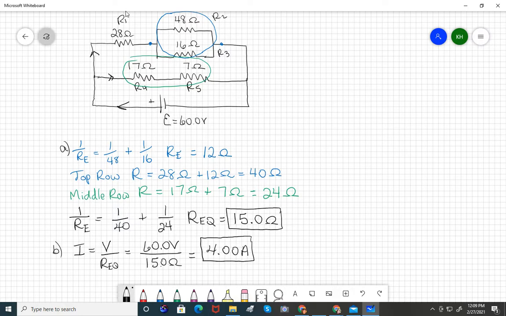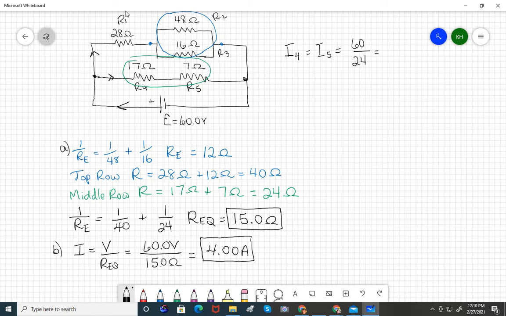So for the middle branch, the current through the 4th resistor and the current through the 5th resistor will be the same. That is 60 volts from here to here, divided by 24 ohms in that branch.